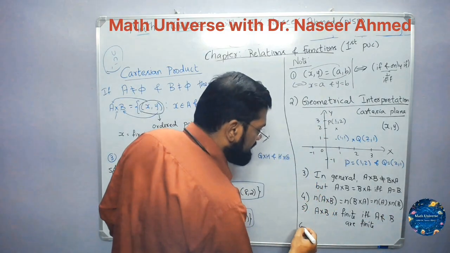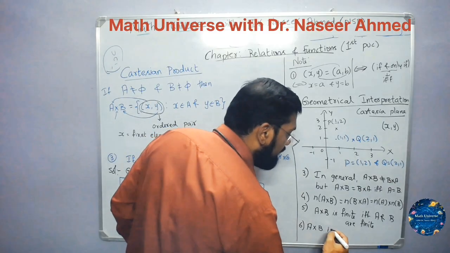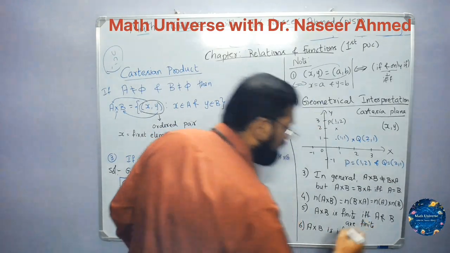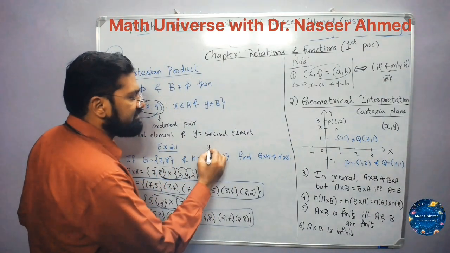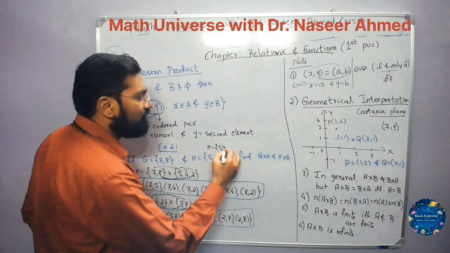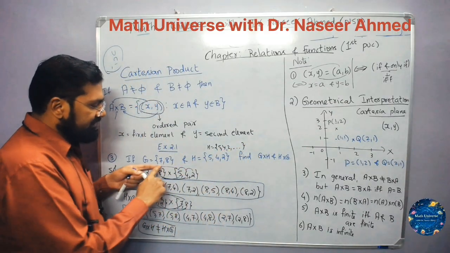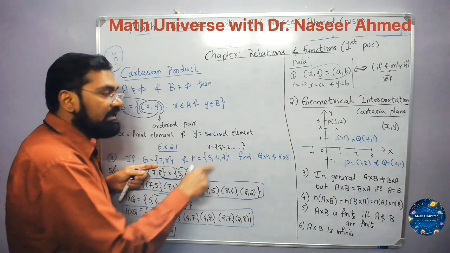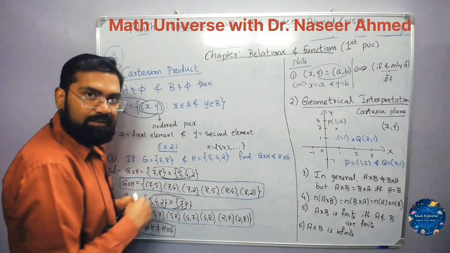Then what about A cross B being infinite? Under what condition will it be infinite? Now let's see. For a while you think H is equal to 5, 4, 2 and so on, an infinite set. Then 7 will pair with all the elements. Since this has an infinite set, 7 will be paired with an infinite number of elements.